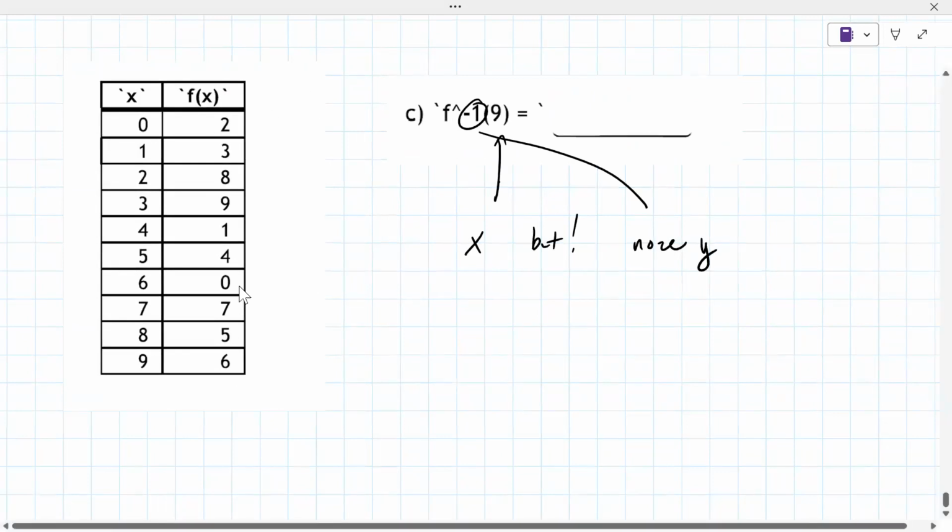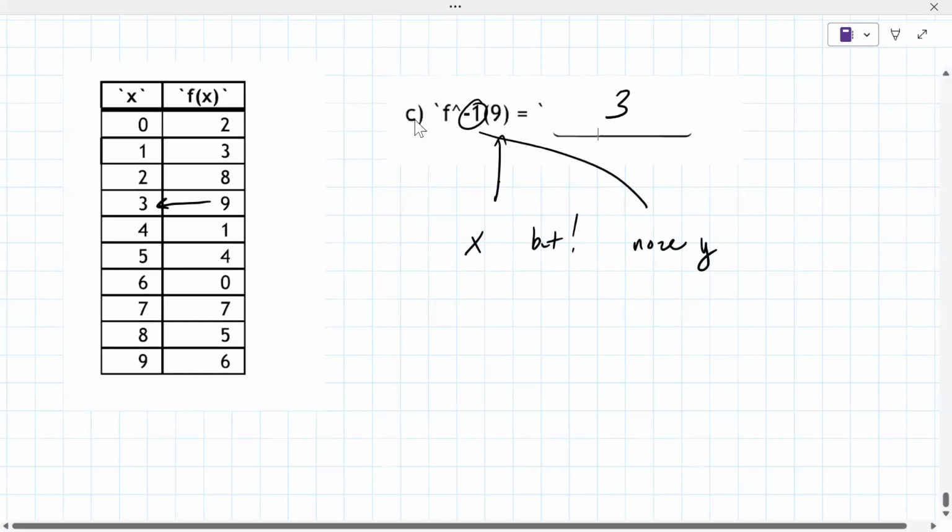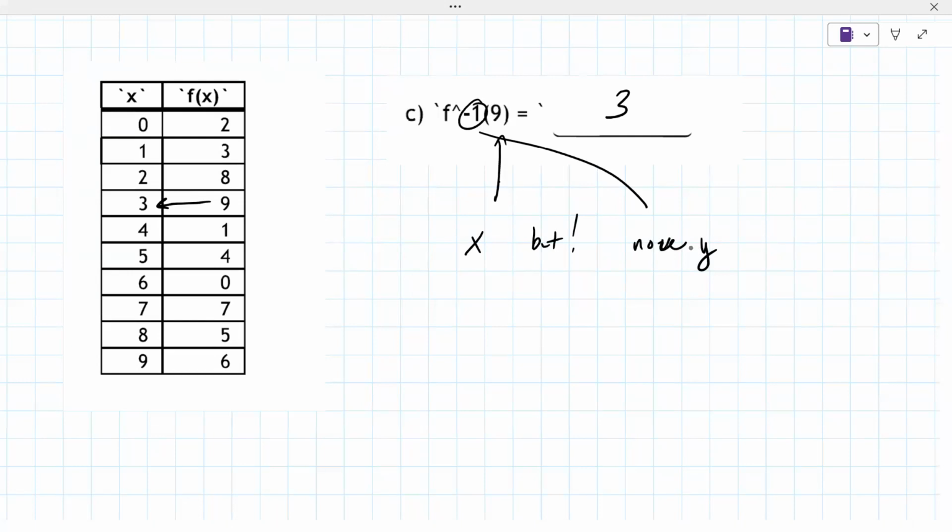So you go to the output and look for y, and it ends up being 3. That little -1 makes all the difference. It means instead of it being x, now it's y. That's only if it's -1? Yep.